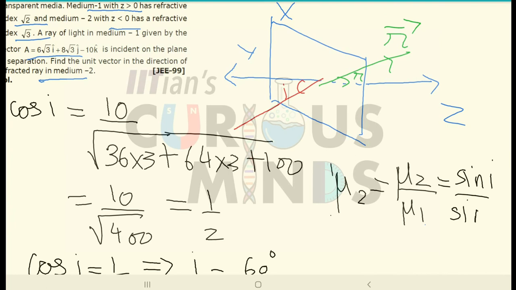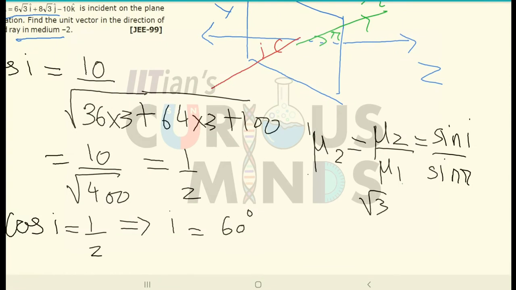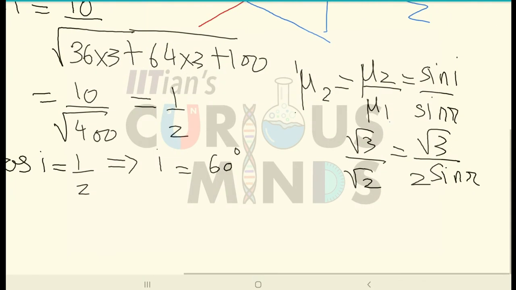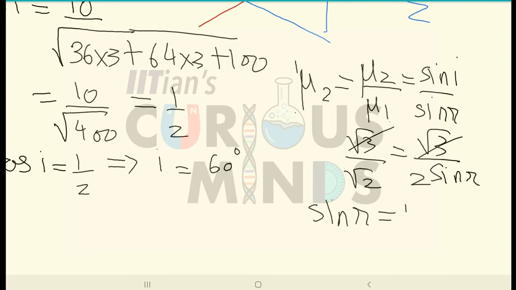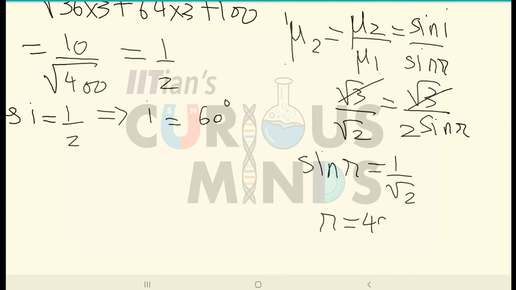The refractive index of the second medium is root 3, and of the first medium is root 2. So root 3 divided by root 2 equals sin 60, which is root 3 by 2, divided by sin r. Root 3 and root 3 cancel out, so sin r is 1 by root 2, that is r is 45 degrees. The angle of refraction is 45 degrees.